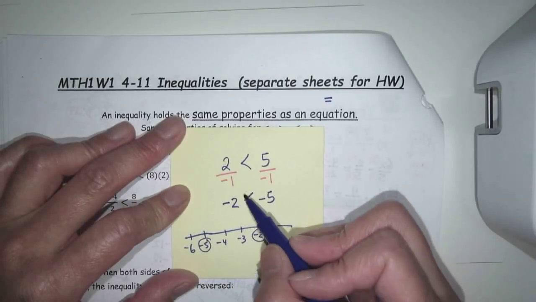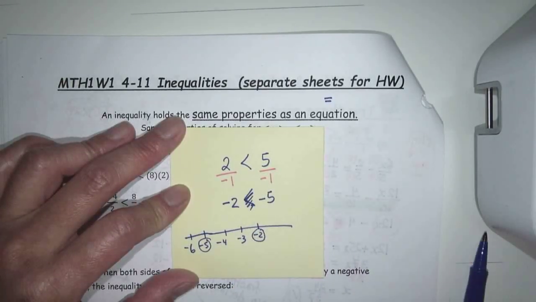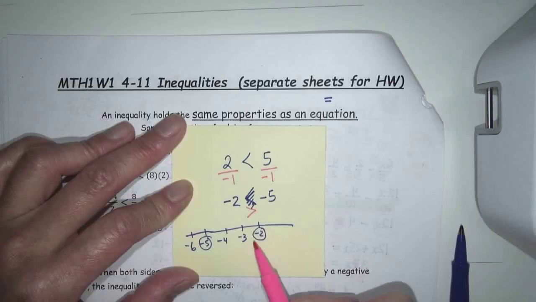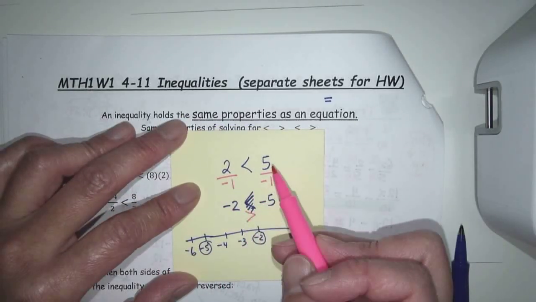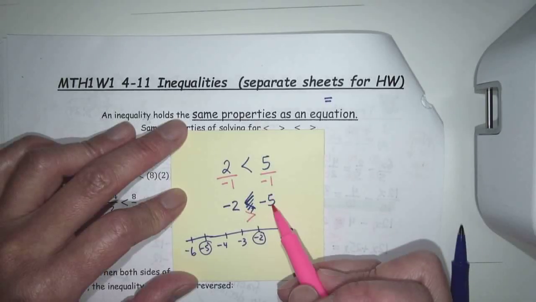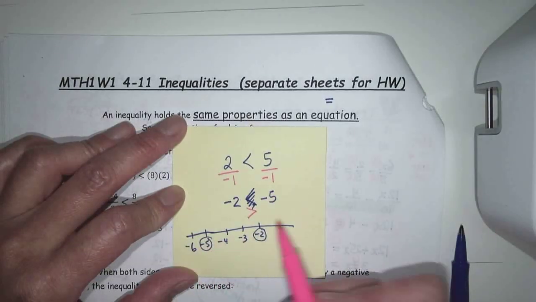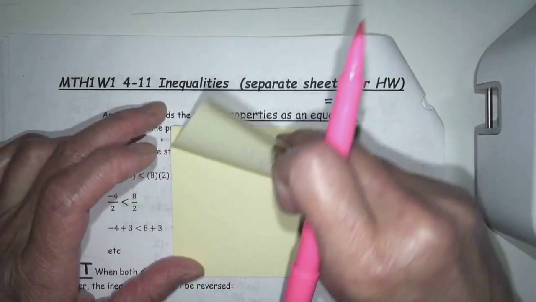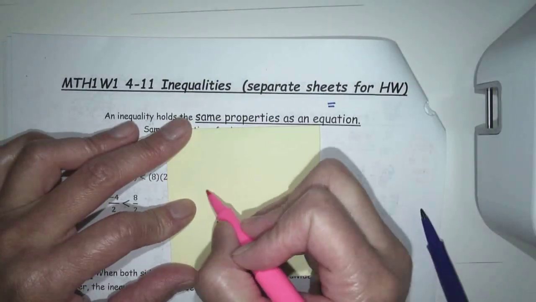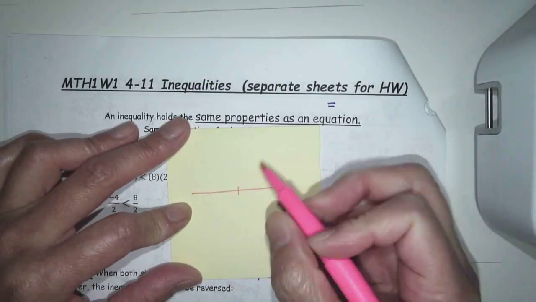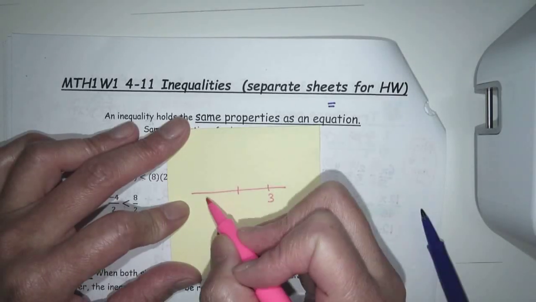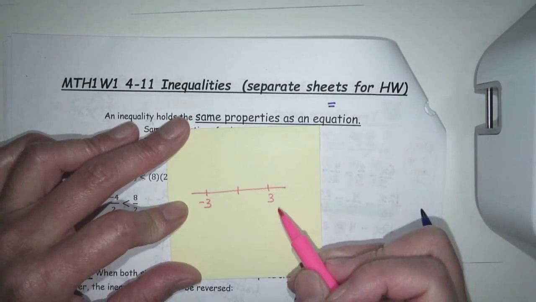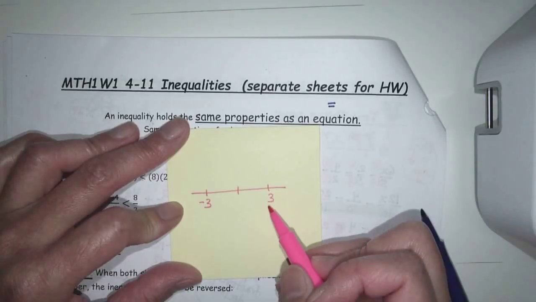No, it's now reversed. It's reversed because on a number line, when you change from a positive to a negative, the bigger number divided by a negative is now to the left on the number line. It switches things around. Okay, what does that mean? If I was to give you, on a number line, say 3, and I divided that by negative 1 and flipped it over to negative 3, instead of being a positive number, it's now a negative number.